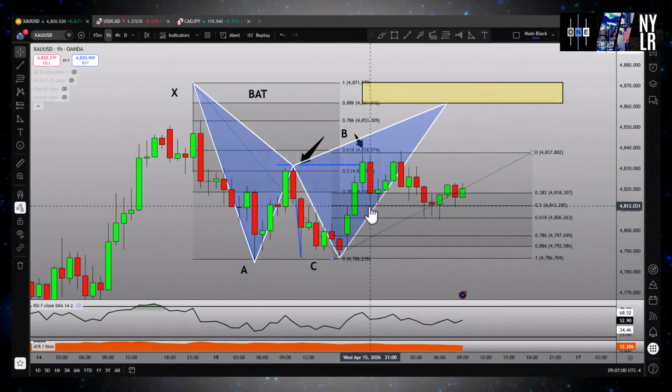This is why I love process. Even in things that can be somewhat subjective, even in discretionary trading, if we have a process, and don't get me wrong, there are going to be iffy situations where things are up for interpretation.